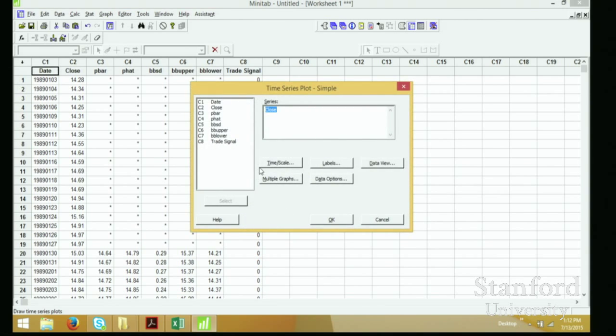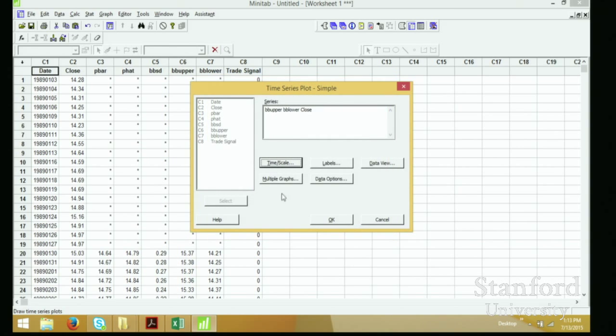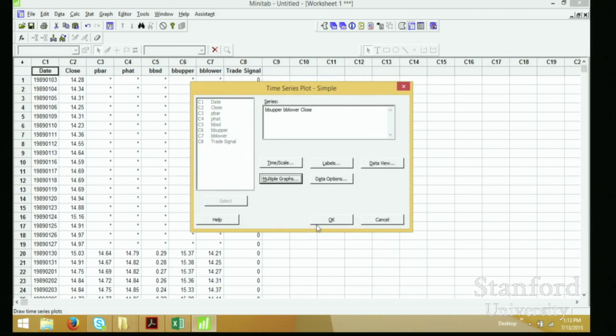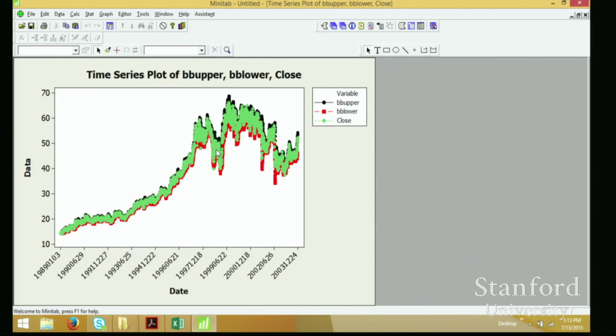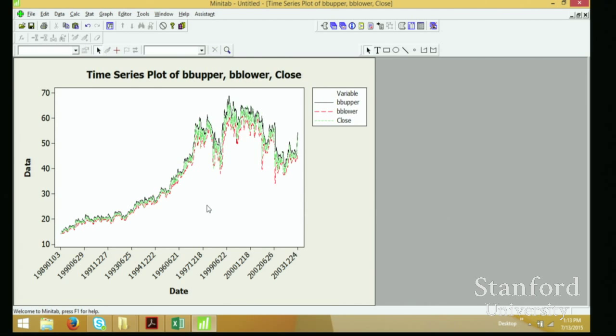Okay. So I'm going to use this upper bound and lower bound, and also closing price, and time scale is the date. So multiple graphs I'm going to put overlaid on top of each other so that you can see the connection. So it's sort of difficult to see. That's the graph that you see.